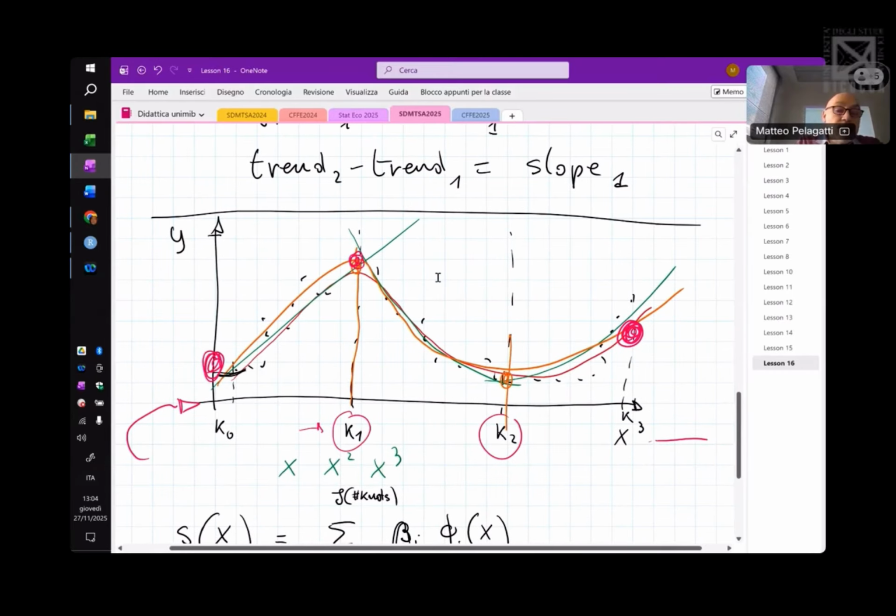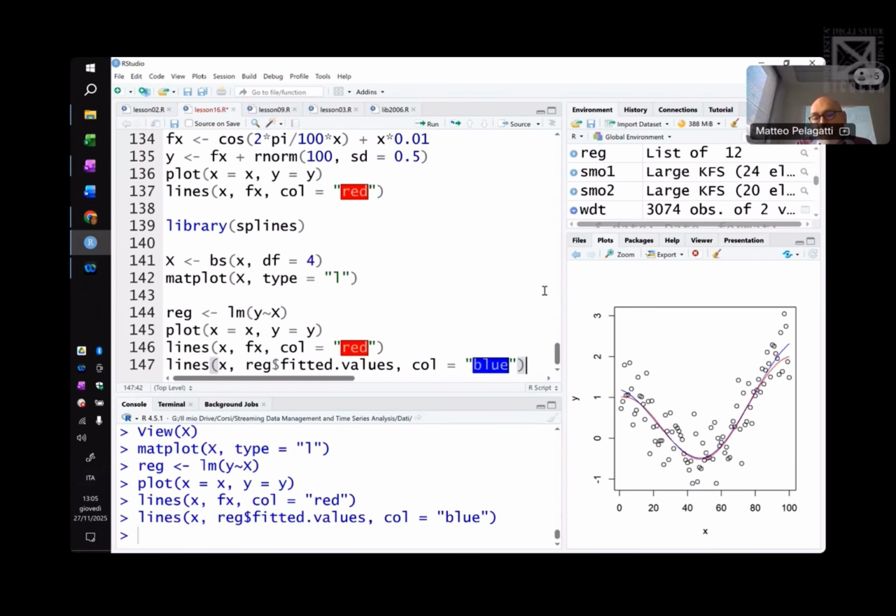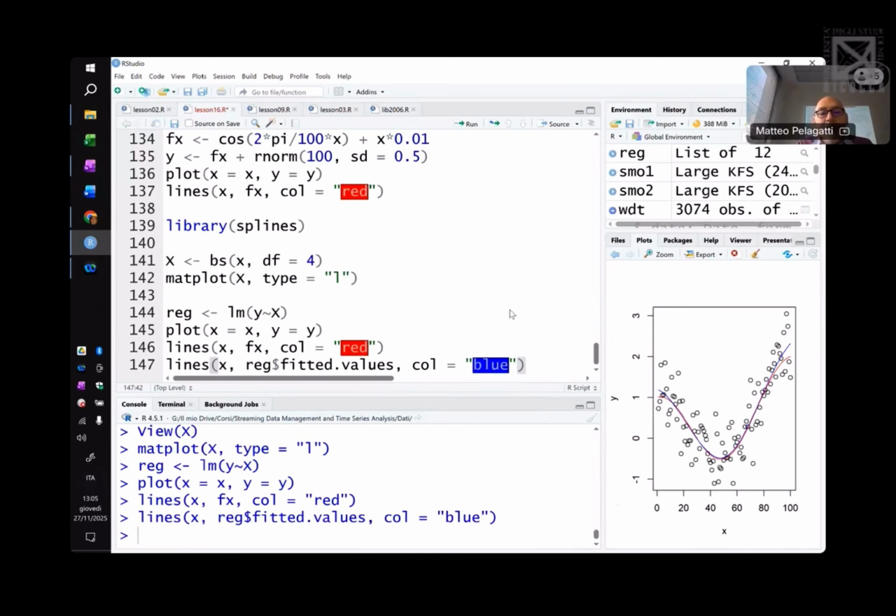And that could be used for seasonality. It would be another kind of seasonal component that we could build. Okay. So spline functions are really a powerful tool. If you don't know them, try to become acquainted. I used them in many situations, and this was a random example.